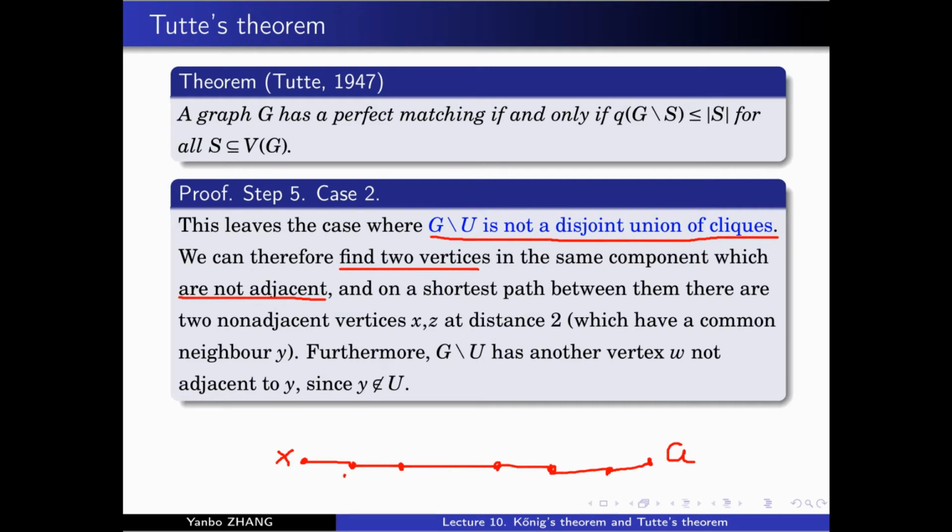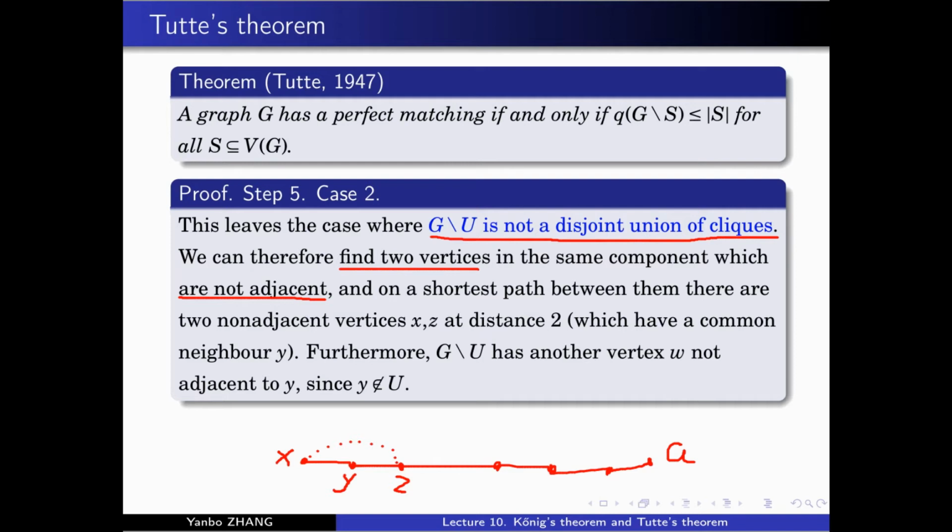Then we let this vertex be Y, the neighbor of X on the path, and this vertex be Z, the neighbor of Y on the path. We see that X and Z are not adjacent because if there is an edge XZ, then we can find a shorter path from X to A, a shorter path XZ and following the path to A. But XYZ following the path to A is already a shortest path.